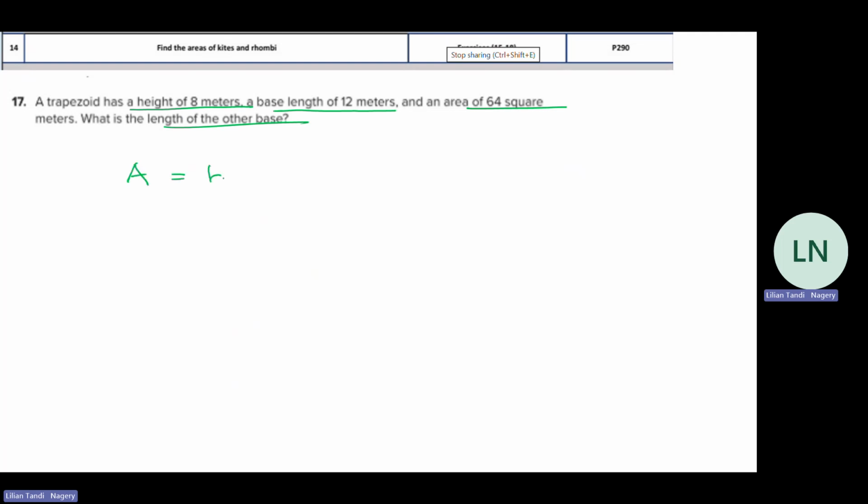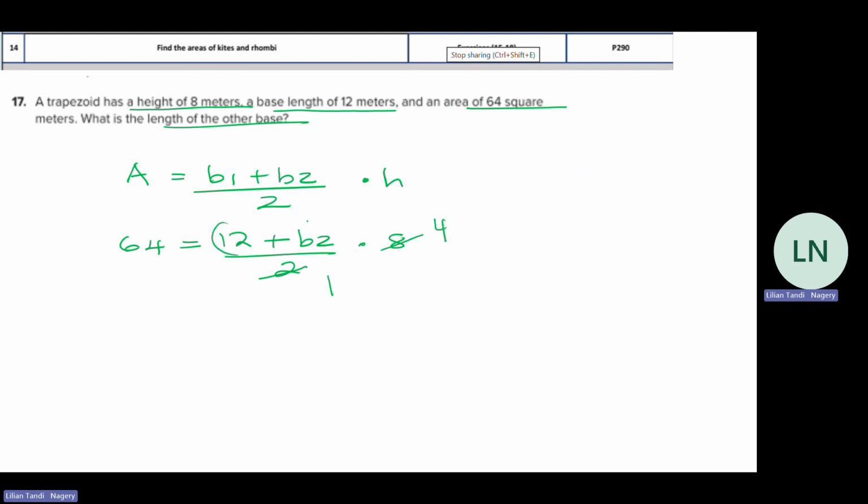Area equals base 1 plus base 2, divide by 2, multiply by the height. The area is 64. Base 1 is 12 plus base 2. Divide by 2, multiply with 8. These 2 will go with this 8 to become 4. And this will be in parentheses.